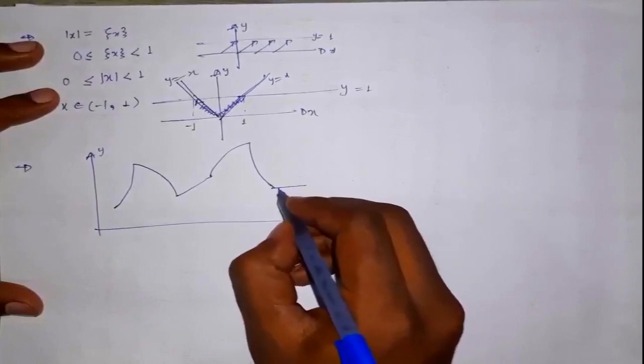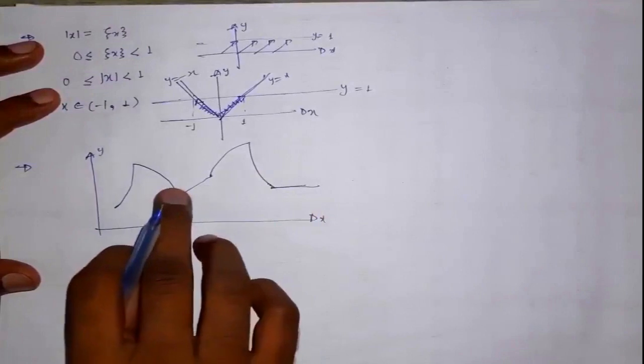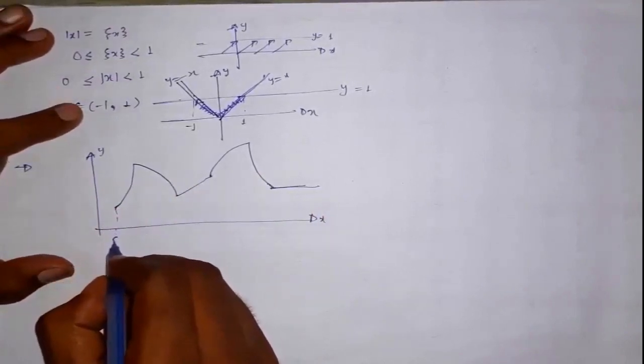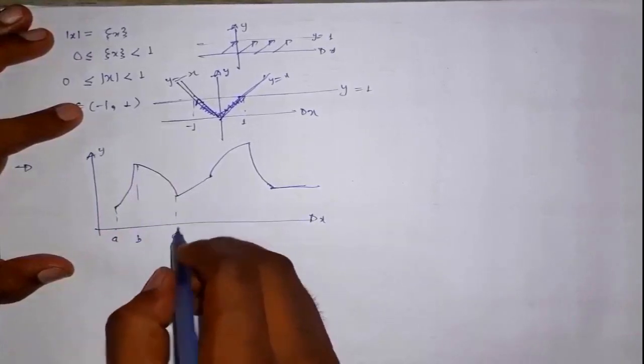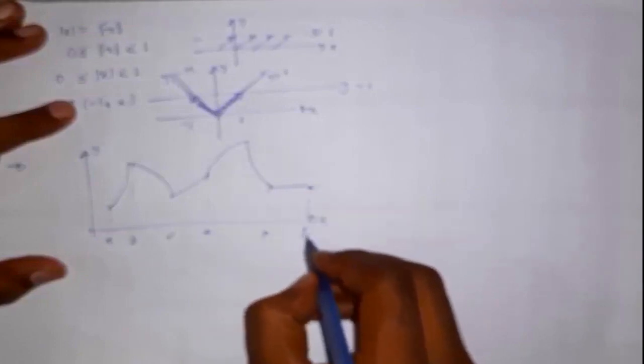I don't know what the function of this graph is. Okay, so here this is A, this is B, this is C, this is D, this is E, and I'm taking F.